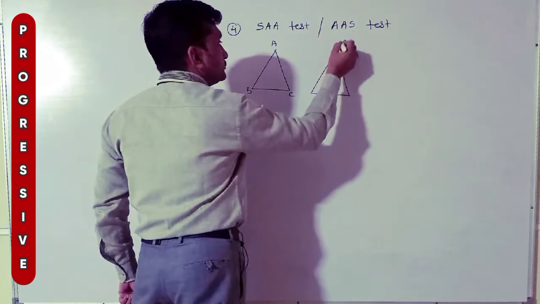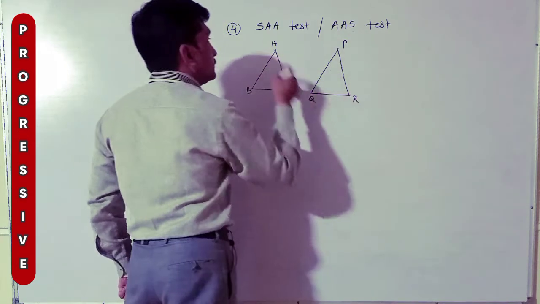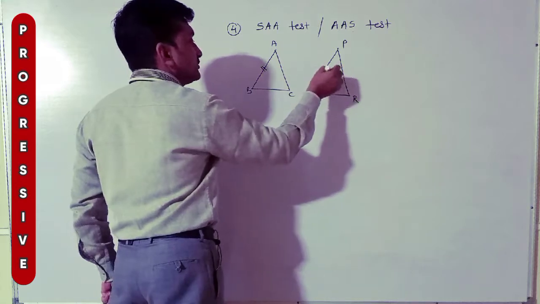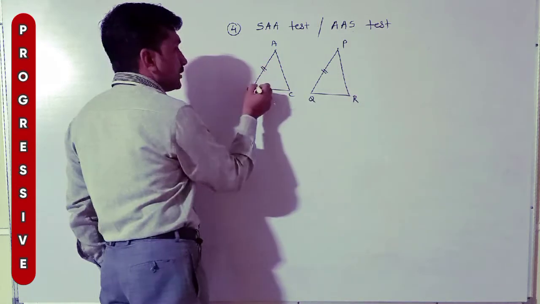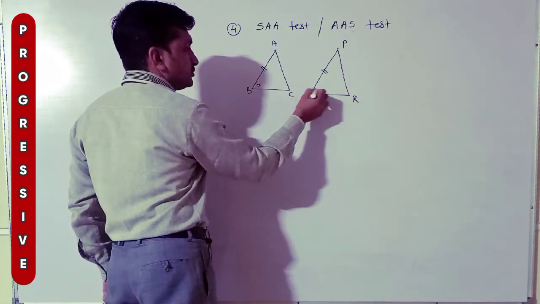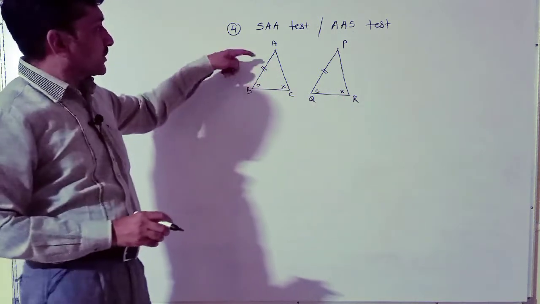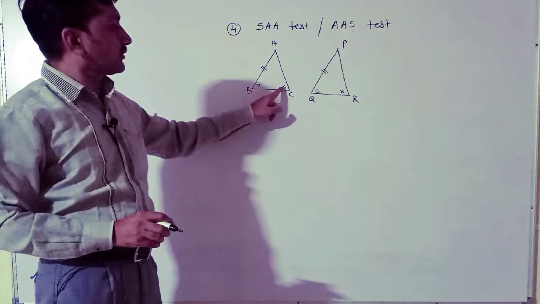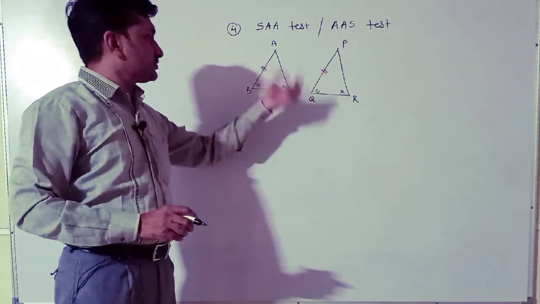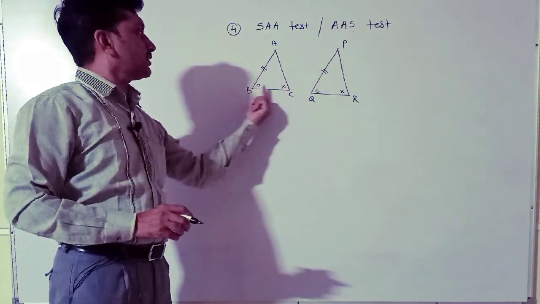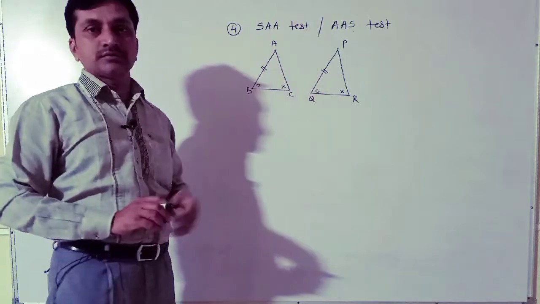Triangles ABC, PQR. Now one side, suppose this one, AB is congruent with PQ, and two angles, this with here and C with R. Now see here, side, angle, angle, or if you change sequence by that side, this side AAS.